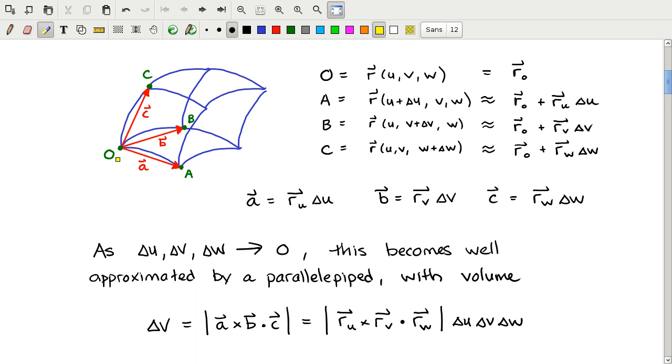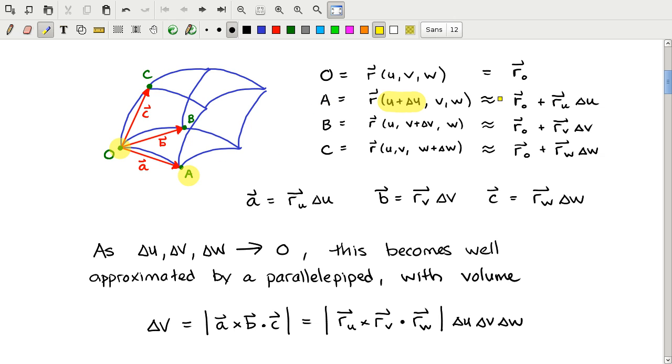So say here is our small region of space associated with an increment in the parameters delta u, delta v, and delta w. So let's say that here is some point associated with the parameters u, v, and w. We'll call that point O. Then if we change only u to a small amount u plus delta u, we get a new point called A here.